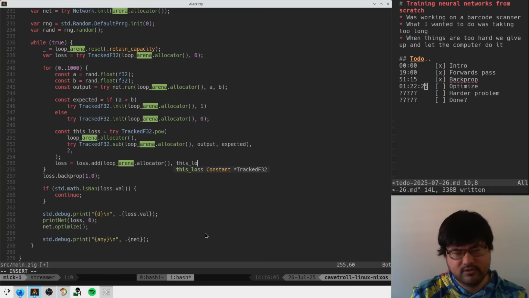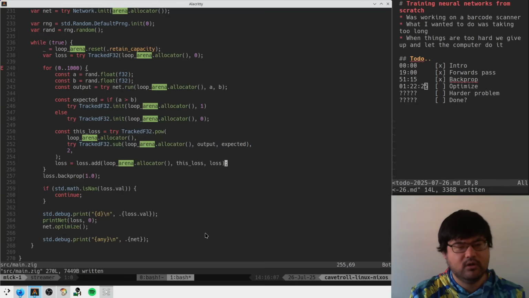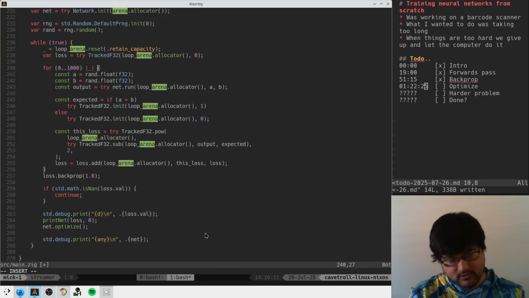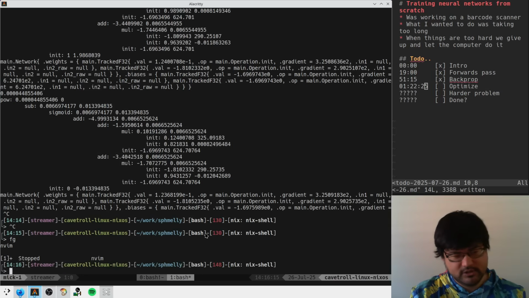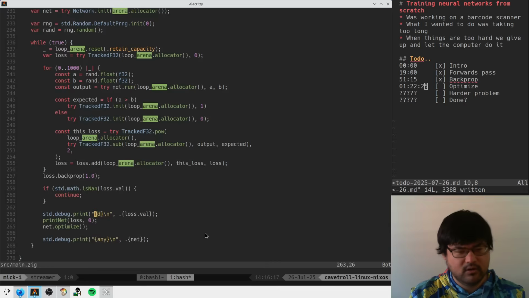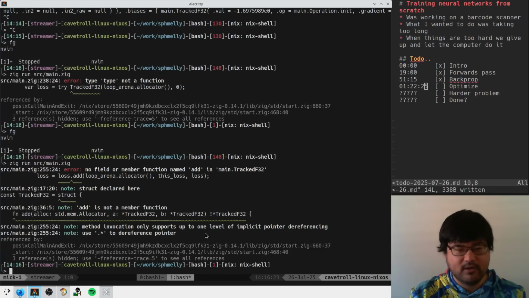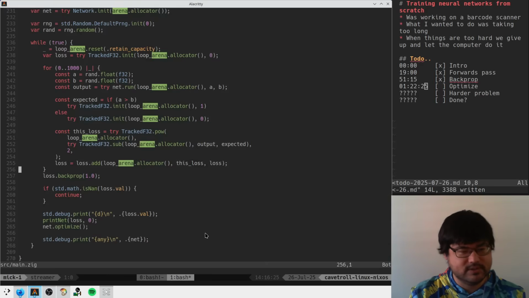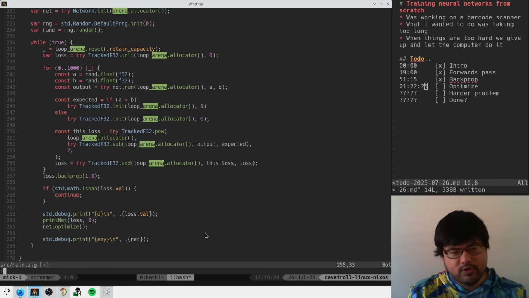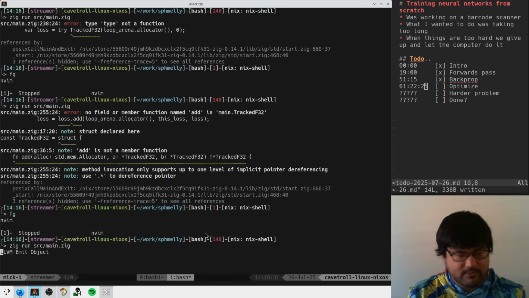Then at the end of that we do backpropagation, and then we try something. That might be interesting. Who knows if that'll work, but maybe. Oopsies, this should be a tracked floating point 32, add this loss and loss. Okay.